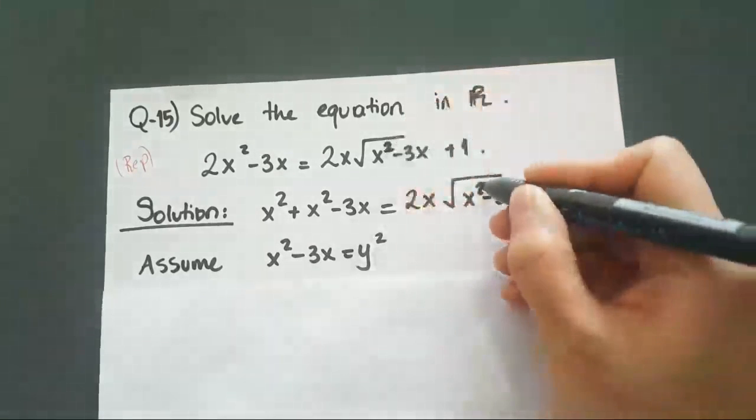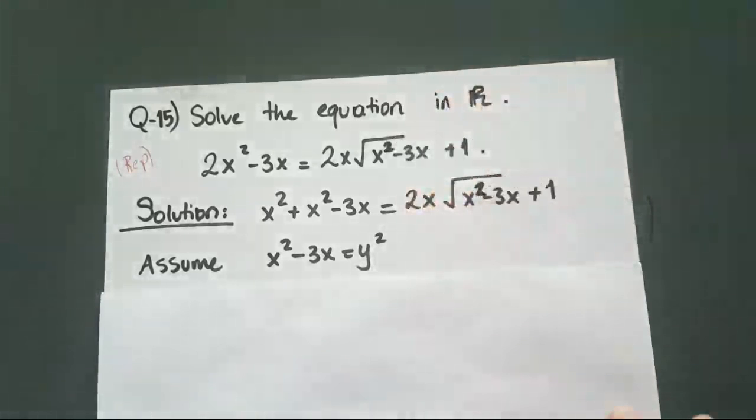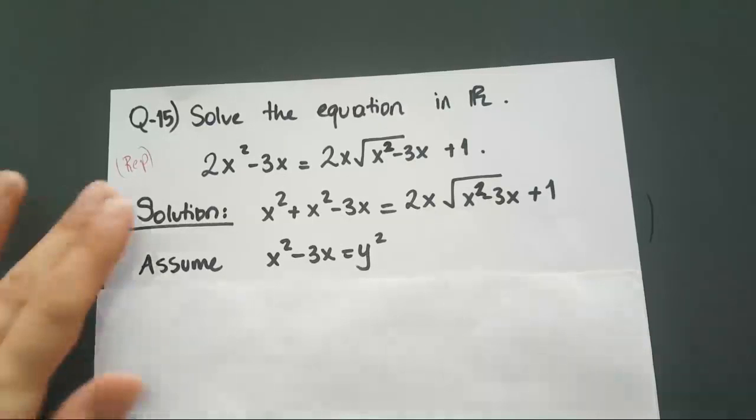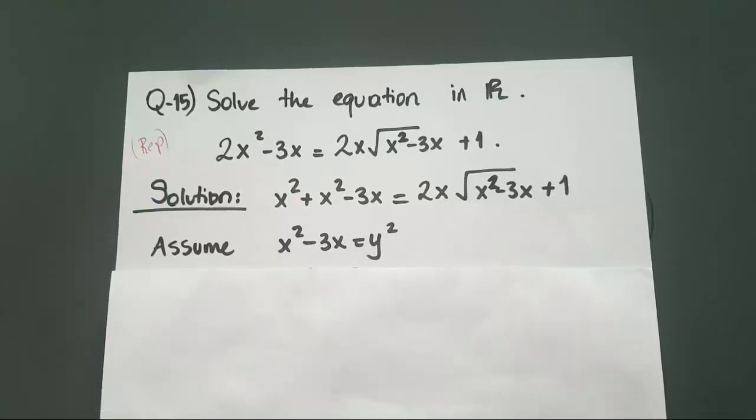It is 2. x squared minus 3x. You're welcome.